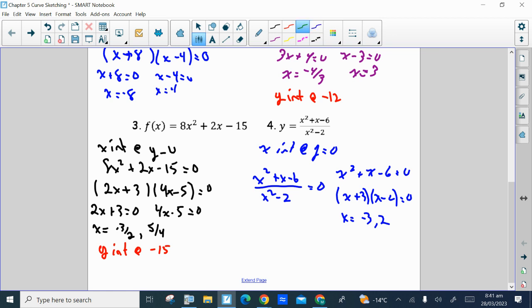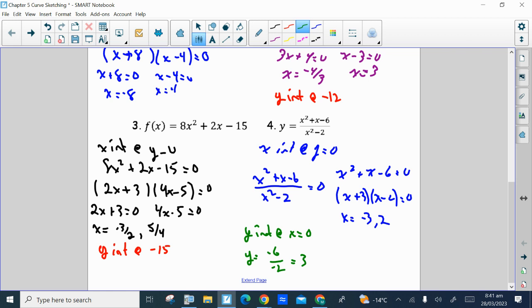The y-intercept is always where x equals 0. In this case, there is no one constant term, but there's a constant term on the top and the bottom. So when x equals 0, you'll just have -6 on top and -2 on the bottom. -6 divided by -2 is +3.